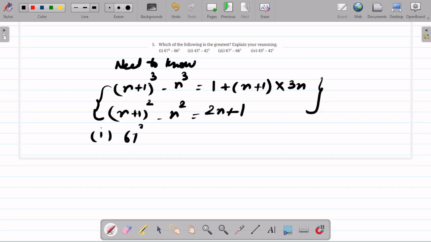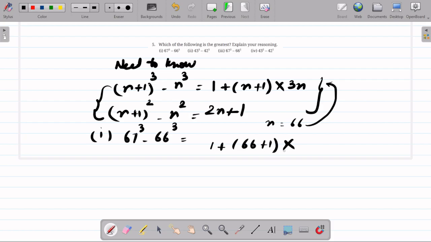We have 67 cube minus 66 cube. By using this formula, the value of n is 66, okay? Put the value into this formula. It will be 1 plus (66 plus 1) into 3 into 66. So what is the answer? 1 plus 67 into 3 into 66, which is 198.